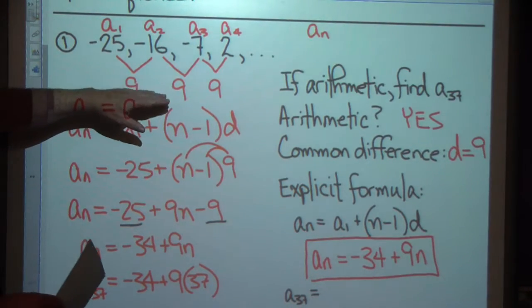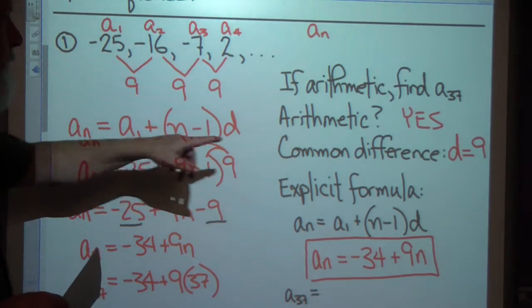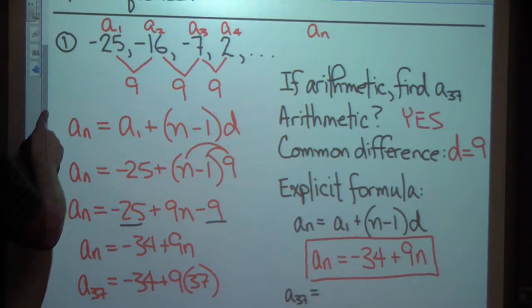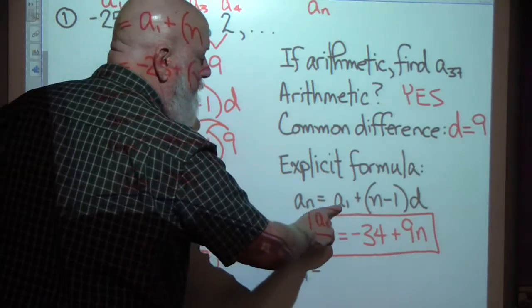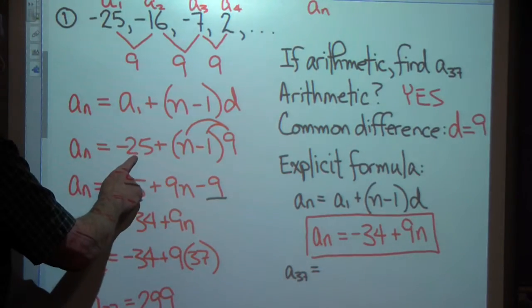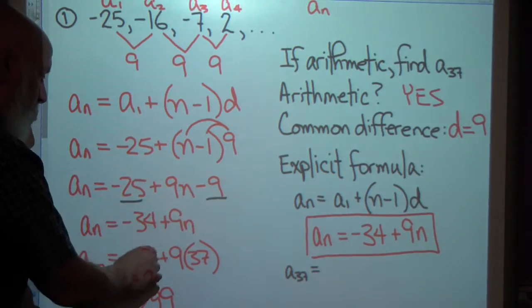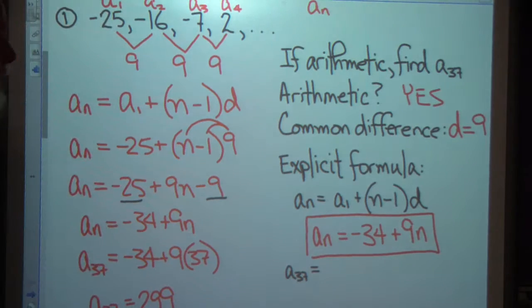We determined that it was arithmetic because it had a common difference. We were asked to find the common difference, so we stated it. D is 9. Then we were asked to find the explicit formula, so we used the general case, plugged in specifics, the first term and the common difference, distributed the common difference, combined like terms, and then we're looking at our explicit form of the equation.